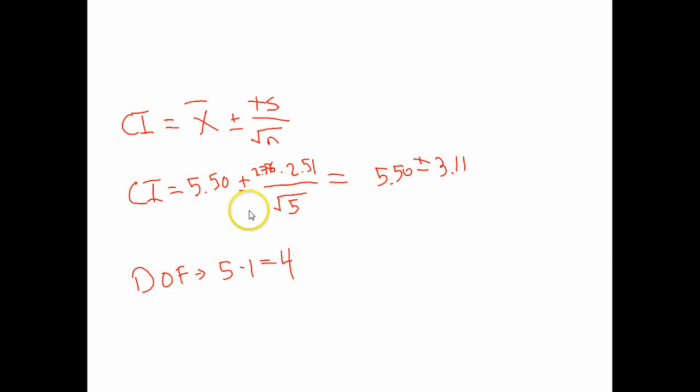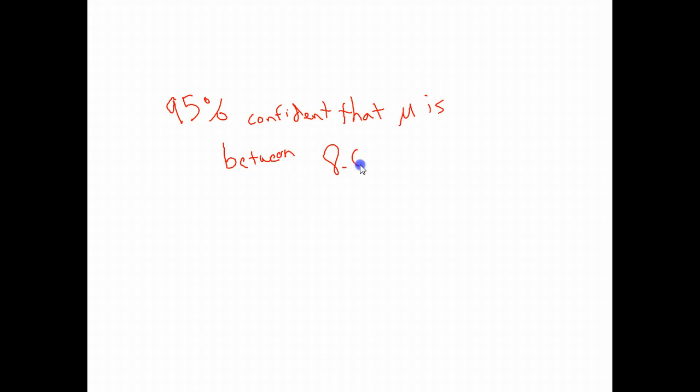It means we're 95% confident that our actual population mean mu is between these values, 8.61 and 2.39.